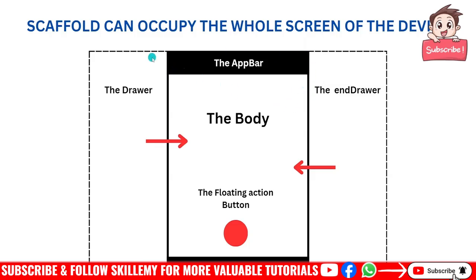So on the very top, you can add the app bar. Okay, and on the bottom here, you can basically add the bottom tab navigation bar. Okay, so there can be different kinds of icons, different kinds of buttons. Okay, and inside here in the center, this is basically known as the body.